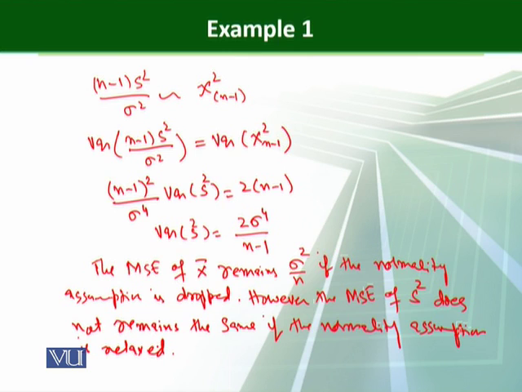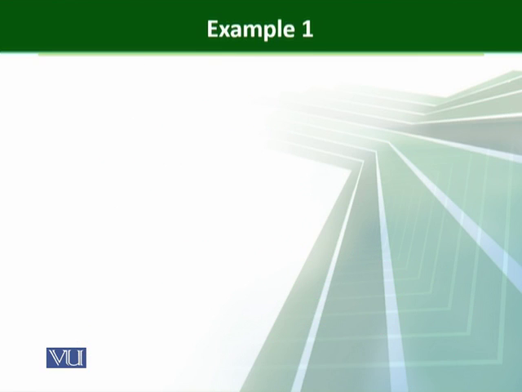So we consider an alternative estimator of sigma square, that is the MLE, sigma hat square, which is 1 over n sum of Xi minus X bar whole square, and this is equal to n minus 1 over n times S square.